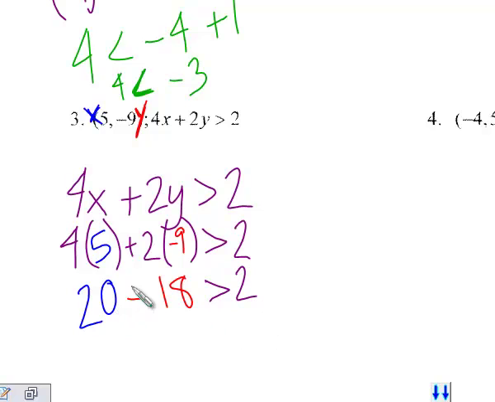So 20 minus 18 gives us 2 is greater than 2. Is that true? Is 2 actually greater than 2? No, it is not. They are equal. But this doesn't say greater than or equal to. It only says greater than. So 2 is not greater than 2. Therefore, this is not a solution.